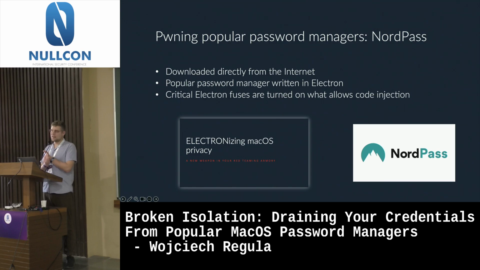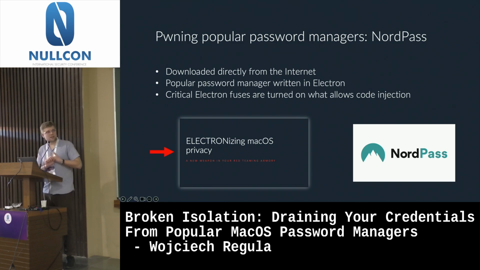Great. So let's take another password manager used in a different context, because here we'll be downloading NordPass directly from the internet. It's a really popular password manager, which is written in Electron. But you will see that some critical Electron fuses are turned on, which again allows us code injection. Two years ago, I had a talk at DEF CON in Las Vegas, where I released a tool called Electronizer.